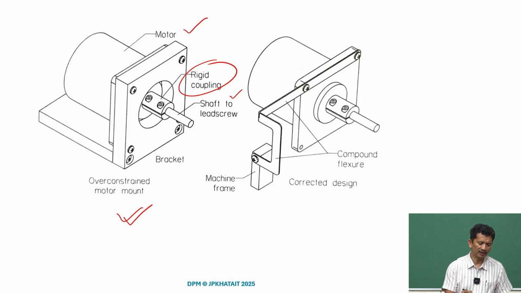So, the moment you connect the motor and the lead screw rigidly, they all become one part, and this motor is now connected to the frame rigidly, as you see here through these bolts. So, now everything is one rigid unit with no compliance. What will happen? Any error, any misalignment in the shafts of the motor and the lead screw will create a problem, because there is no compliance provided.